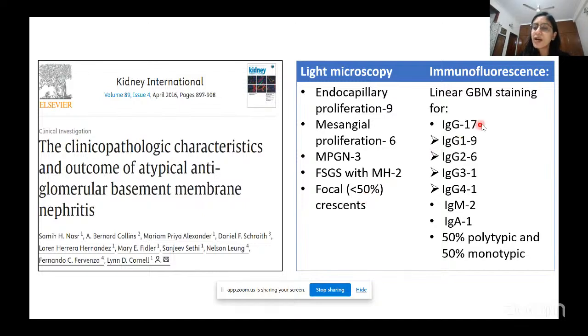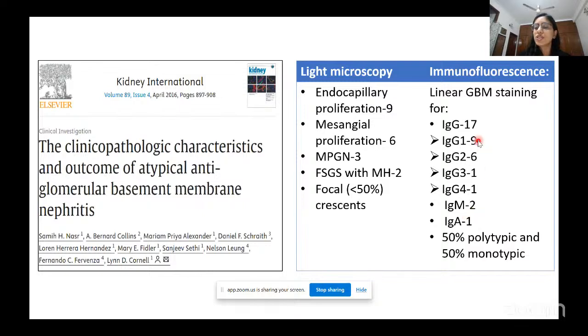On IF, IgG was the most common immunoglobulin, present in 17 out of 20 cases, and in one or two rare cases there was staining with IgM or IgA with only trace IgG.